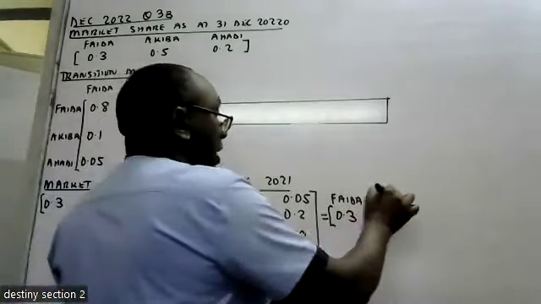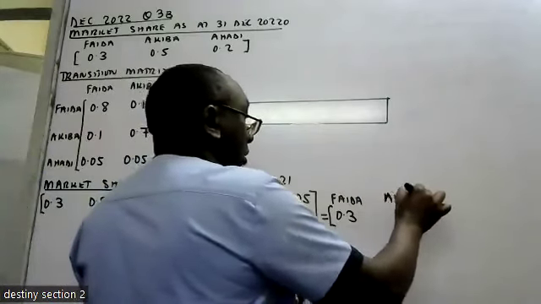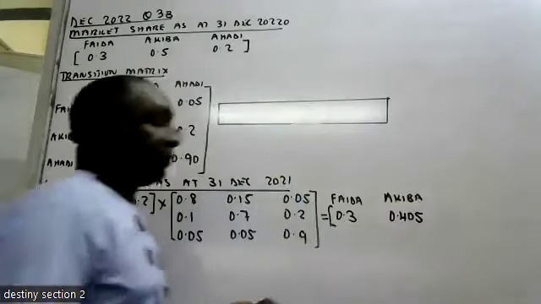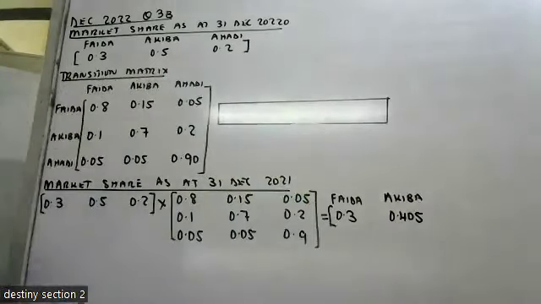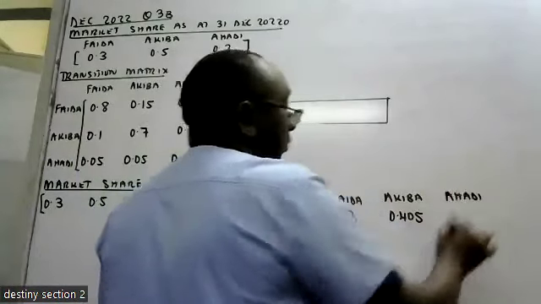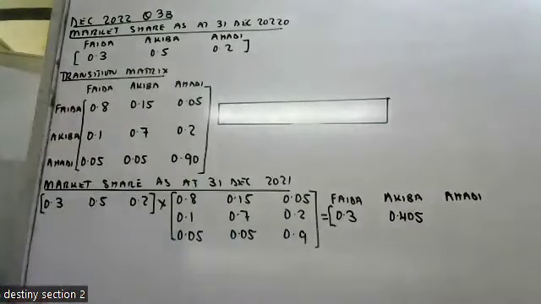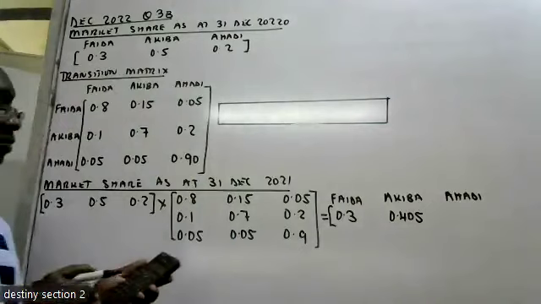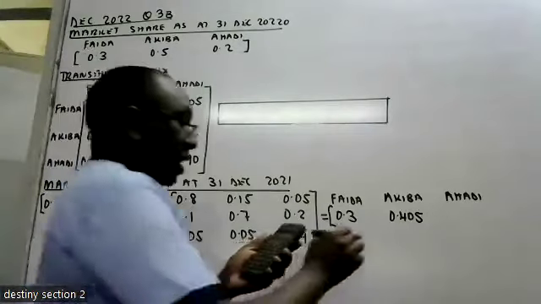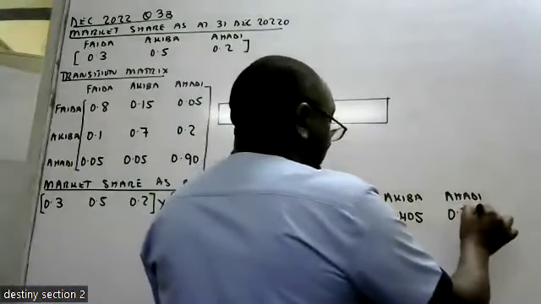This one called Akiba is 0.405. And this other one, called Ahadi, you can either multiply or subtract from 1. So 1 minus 0.3 minus this other one, I'm getting 0.295.